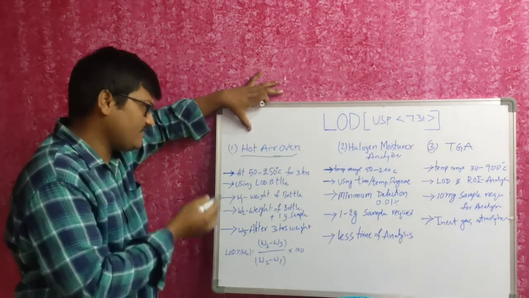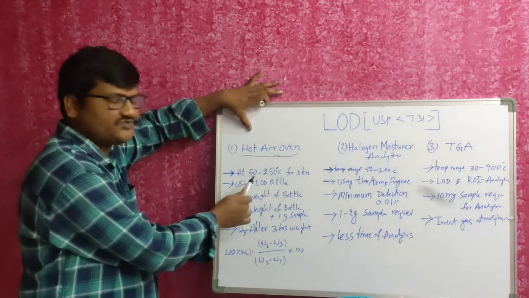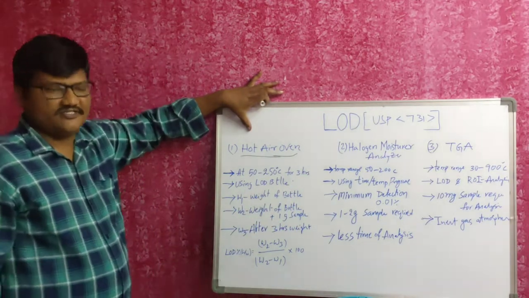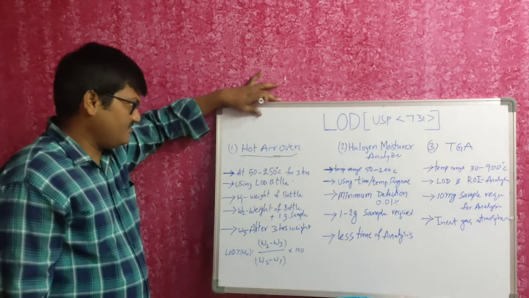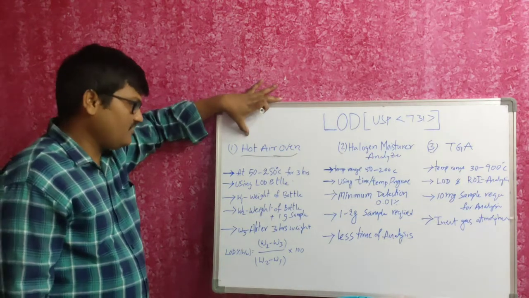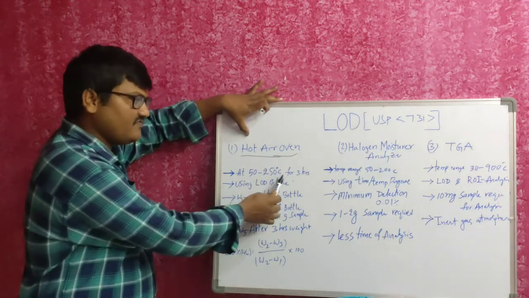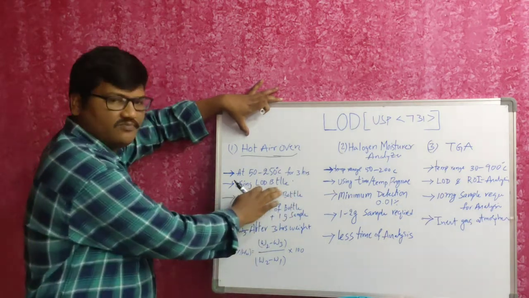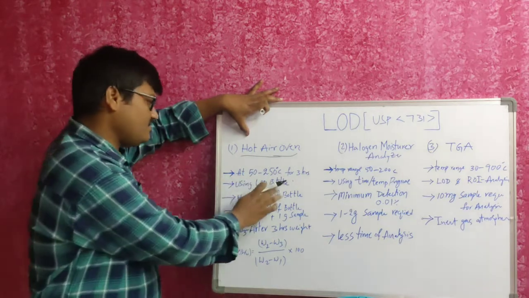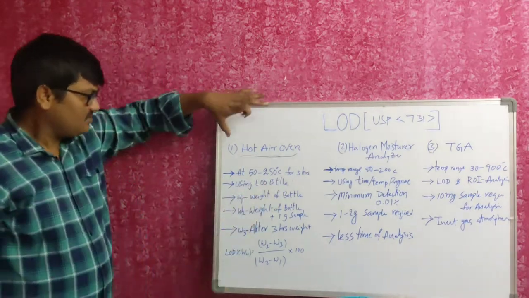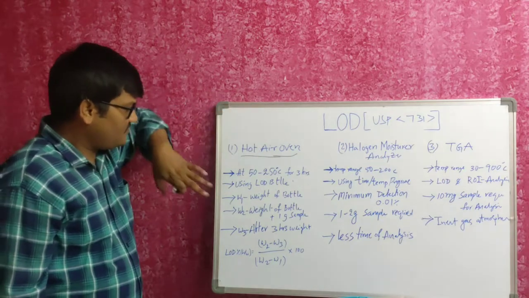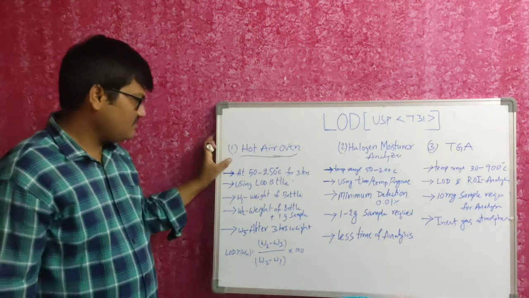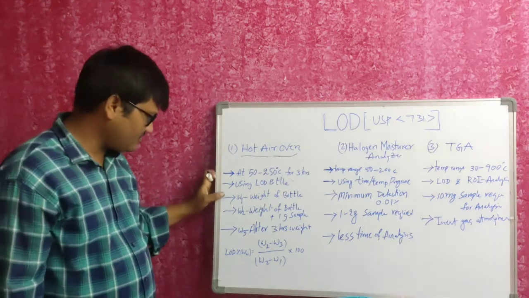In the hot air oven, we use 50 to 250 degrees centigrade based on the melting point of the compound, for 3 hours, using a LOD bottle and analytical balance.